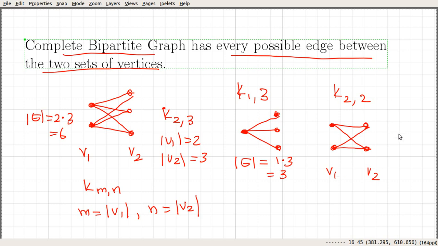And if you consider K_{2,2}, the cardinality of E is 2 times 2, which is equal to 4. 1, 2, 3, 4. So in general, if you consider a general complete bipartite graph K_{m,n}, where the cardinality of V1 is m and the cardinality of V2 is n, the total number of edges will be m times n. It's very easy to see why it is mn.